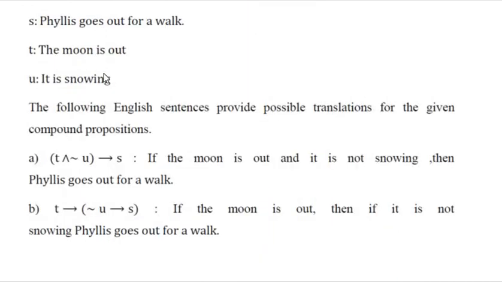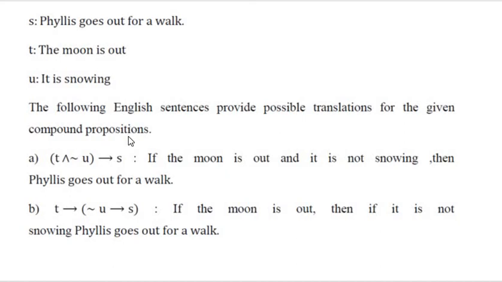Now consider an example. Let S, T, U denote the propositions. S is the proposition Phyllis goes out for a walk. T denotes the proposition the moon is out. U is the proposition it is snowing.